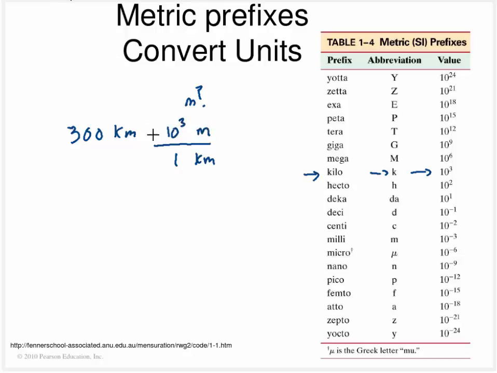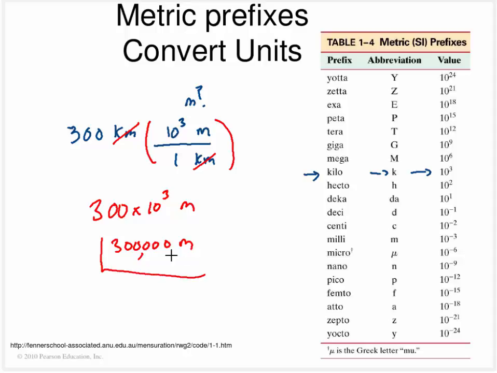Essentially what I'm really doing in this parentheses right here is multiplying by 1, because these are equivalent. But I can cancel this unit right here with that unit right here, and I end up with 300 times 10 to the 3rd meters, or 300,000 meters.